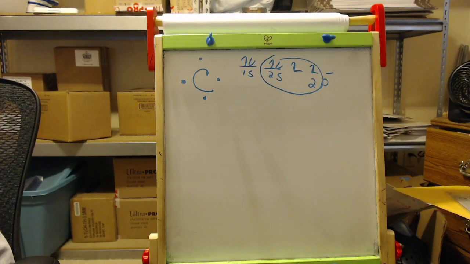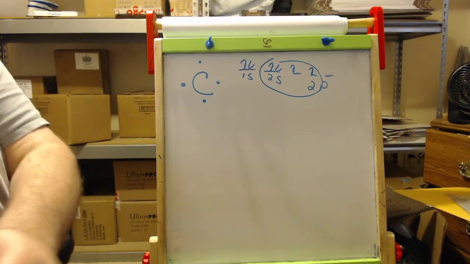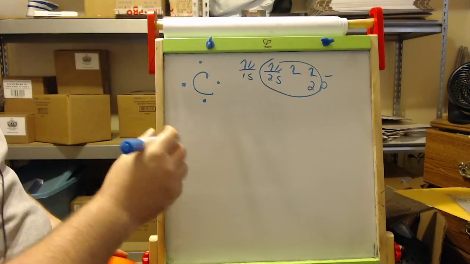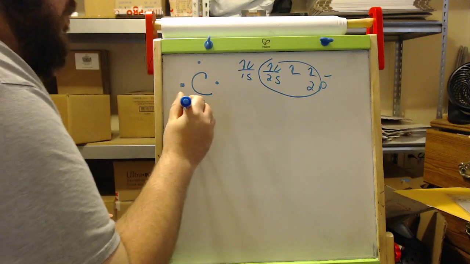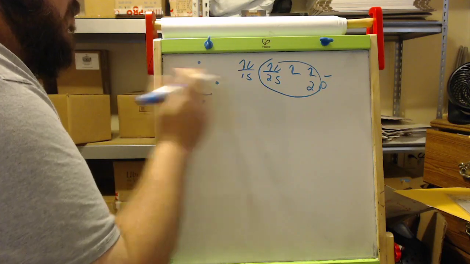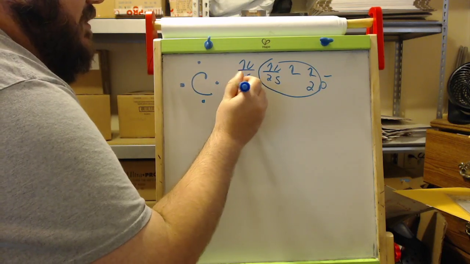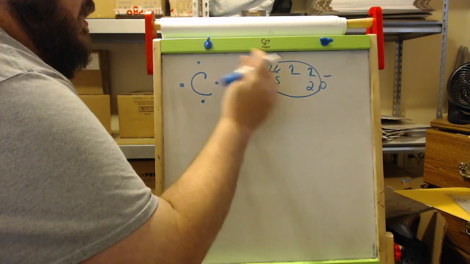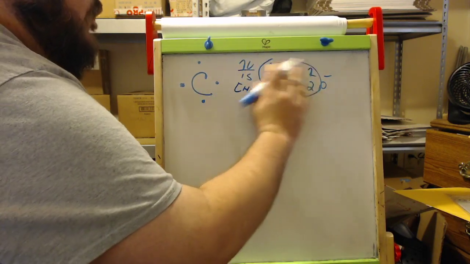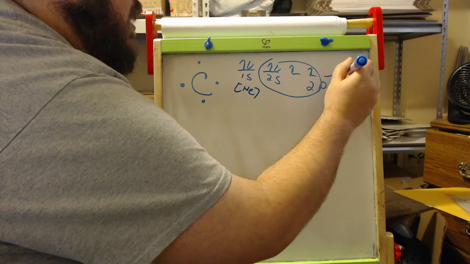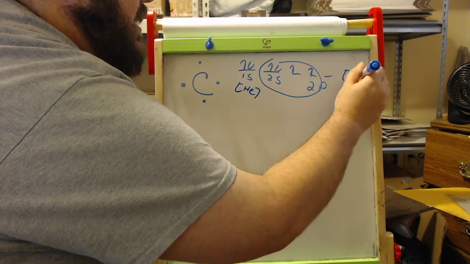Now, those 4 bonds could be 4 single bonds individually bonded to 4 different things, or 4 of the same things, however you want to look at it. So this is carbon's strong point. And here's another strong point. Since carbon is 4 away from looking like helium down here, it could give up these 4 and look like helium, or it can gain 4 and look like neon over here.